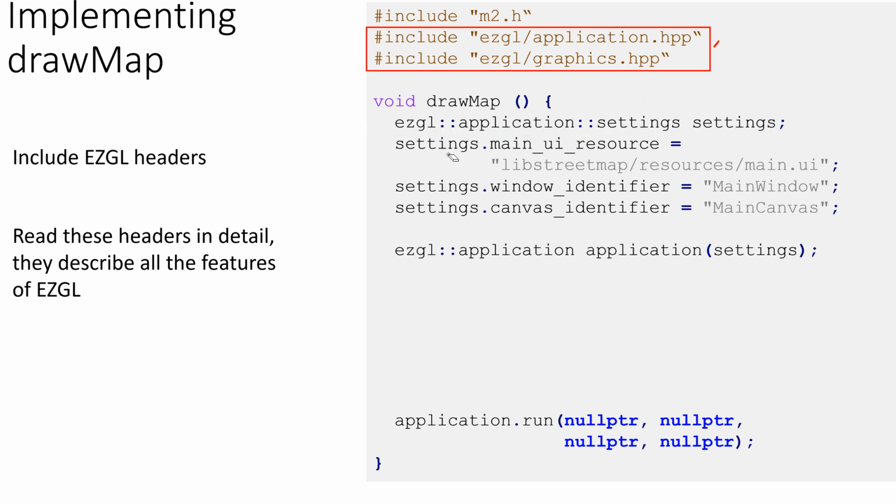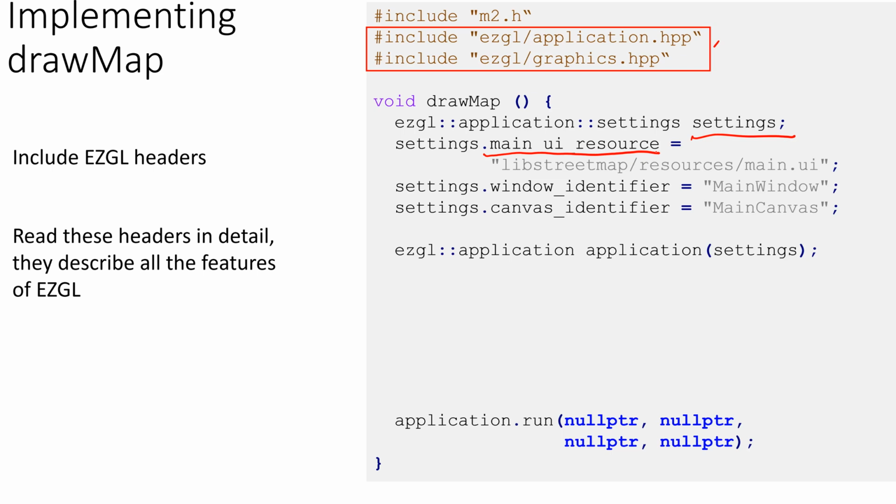And I just made an object called settings. And now settings is basically a struct, right? Like I can just directly access some of its member variables. It's got a member variable called main UI resource. And this is all well commented, so you'll see this in the code. Okay, a UI resource is something that's not code, but it's important for user interface for drawing.